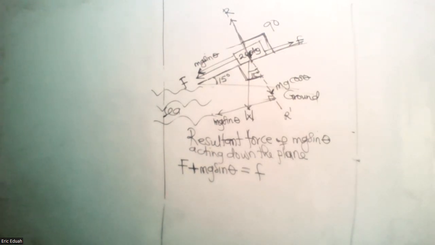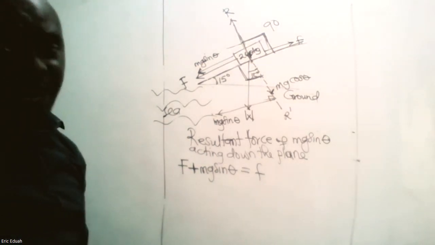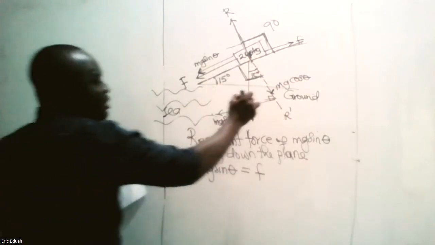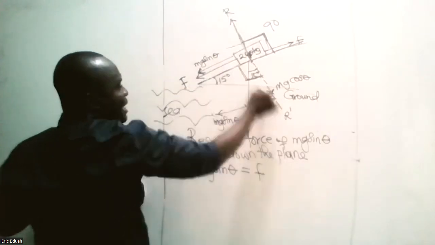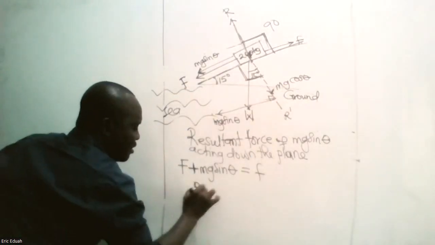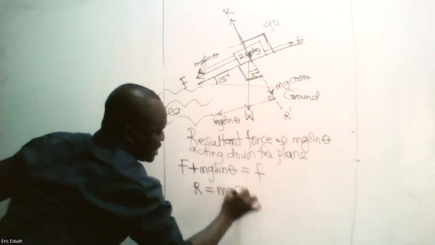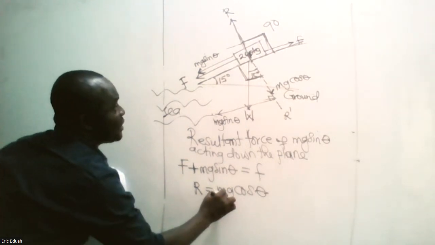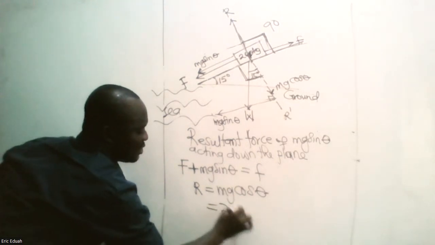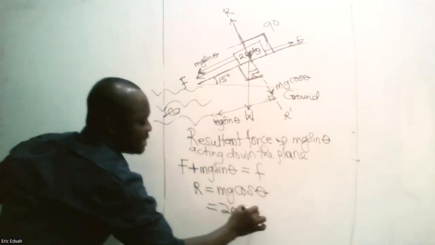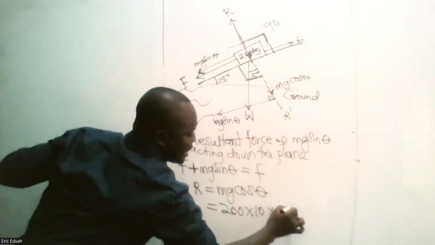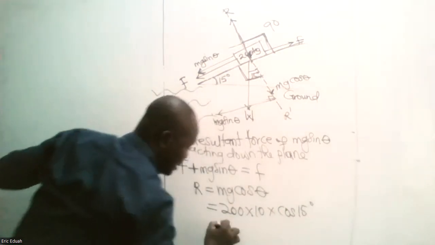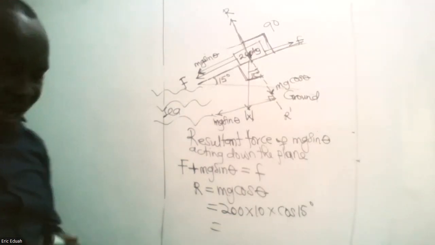Okay, please, the first question asks that we find the normal reaction. So let's find the normal reaction first. The normal reaction R is balanced by mg cos theta. Therefore, R will be equal to the mass of the body, 200, times acceleration due to gravity, 10, times cosine of the angle of inclination, 15 degrees. So put them together and give me the final answer.